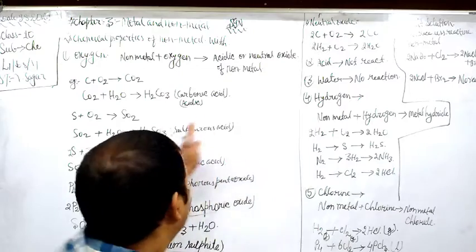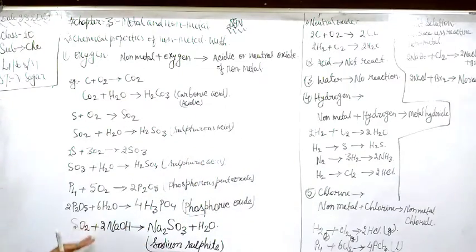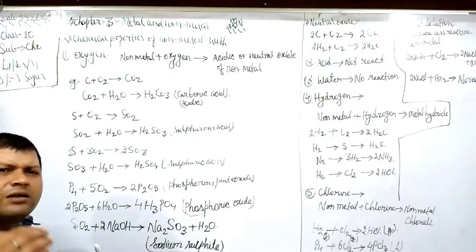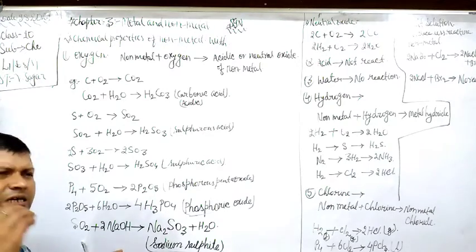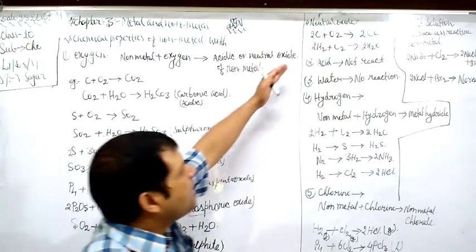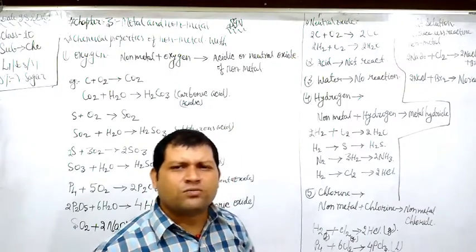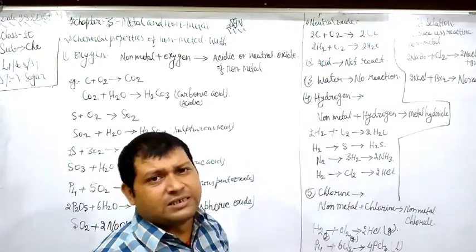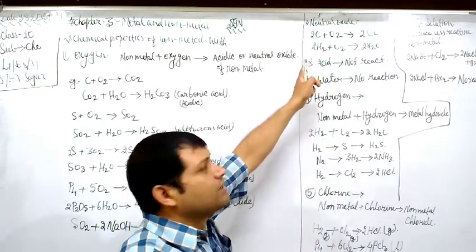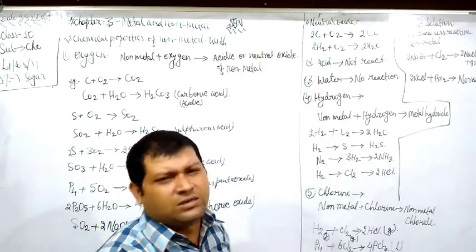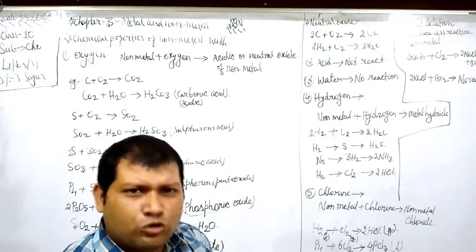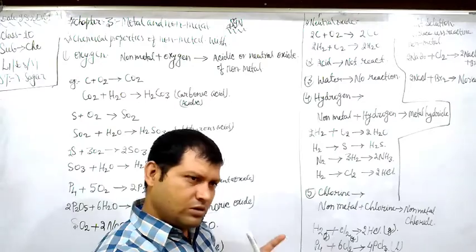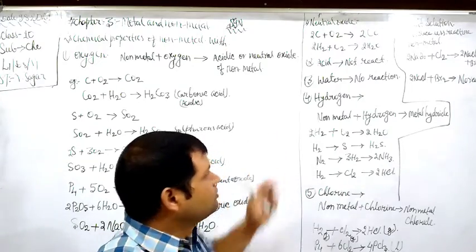So here we have explained about the compounds that are acidic in nature, and here I have written the examples of those compounds which are neutral in nature. As for example, when carbon reacts with oxygen, then the formation of carbon monoxide takes place, and this carbon monoxide is neutral in nature.